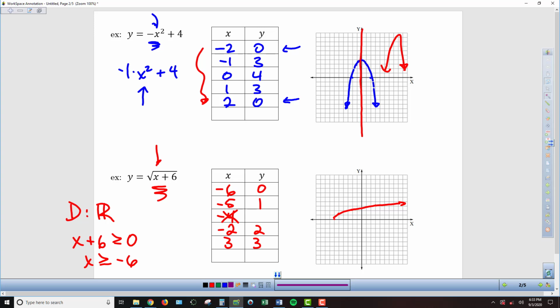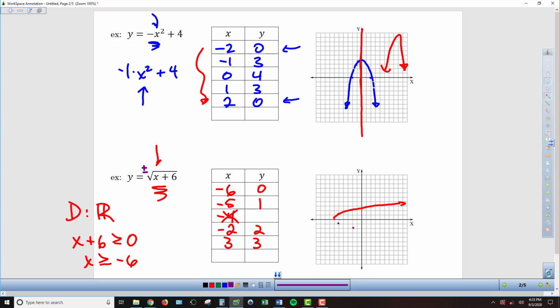Now, one thing I'll point out is a lot of times we'll fall into the trap of thinking that it should be plus or minus there, so I should be getting points down here as well. But if we think a little bit about that, that would mean that we would not have a function. It would fail the vertical line test. We'll discuss that more in depth later.